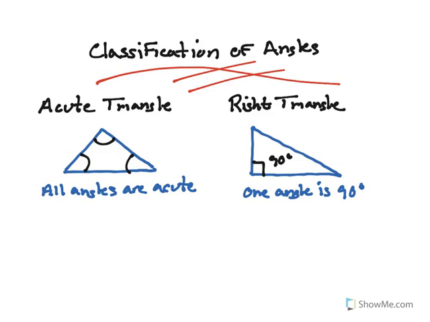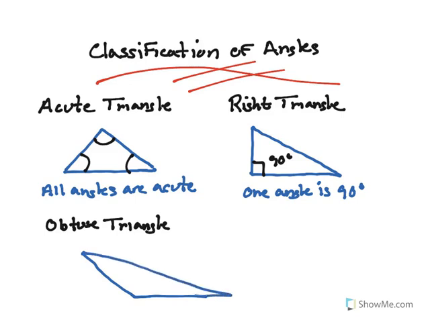And this other triangle is pretty easy to identify. It is called the obtuse triangle. And that will look something like this. What does that really mean?